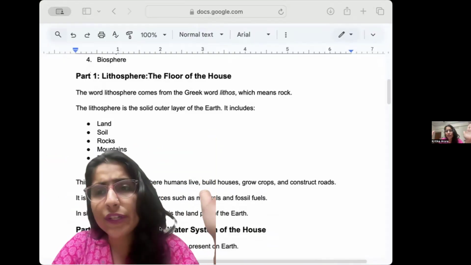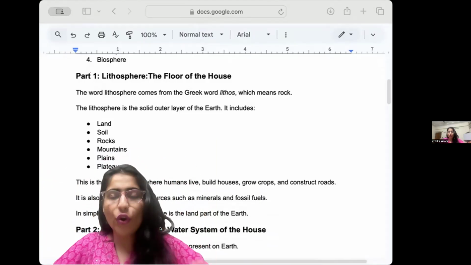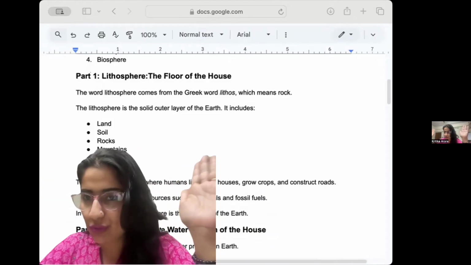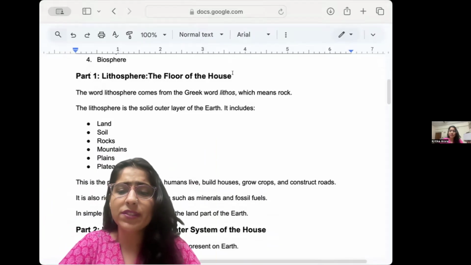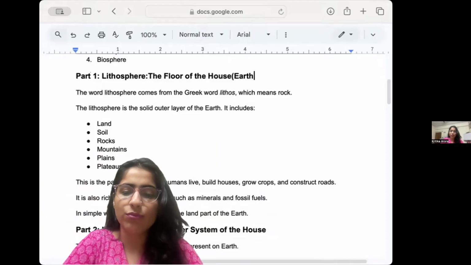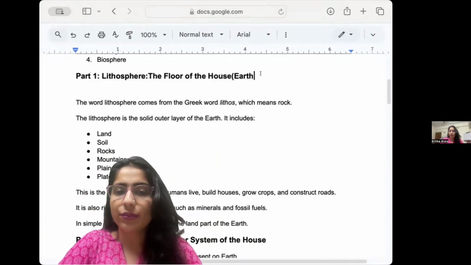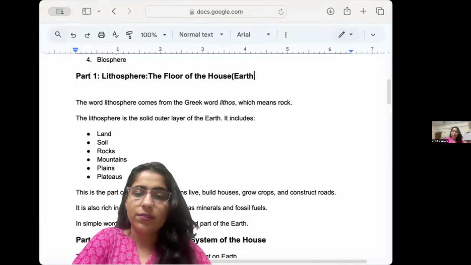All these features are on the solid land part of the earth, which is the floor of the house. And the house is what? Here, the house is the earth. Earth is the big house that we are considering, right?